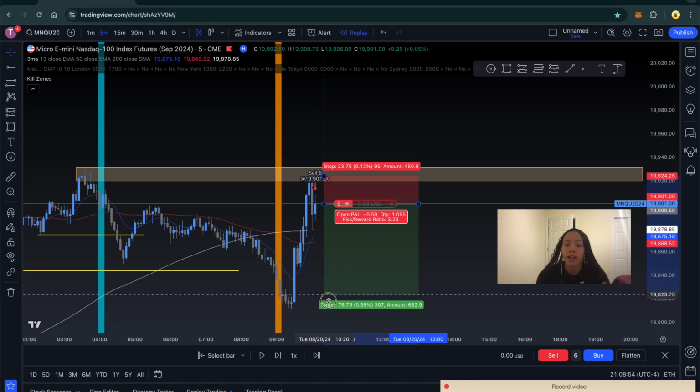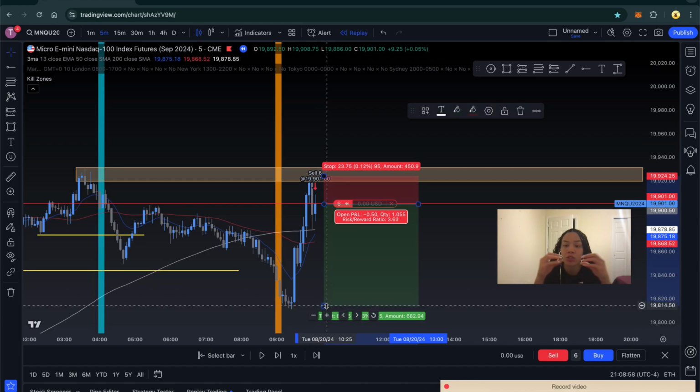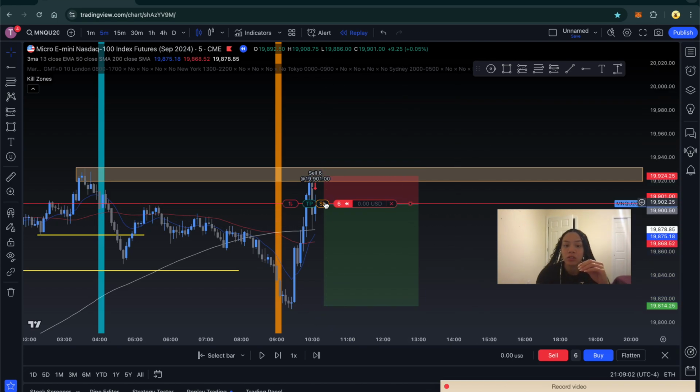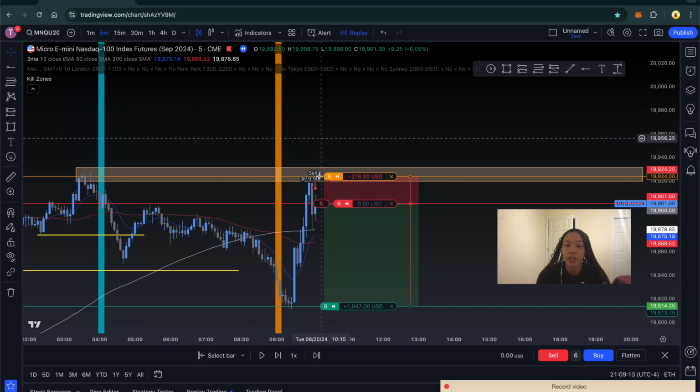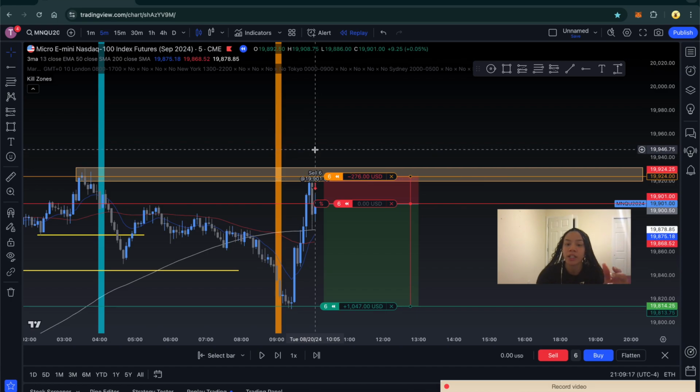Or I can watch price come and fill in this gap, because my bias is that it's already going for a sell. So let's put our take profit down here. Let's put our stop loss right here. Because if it already hit our zone, if it's going to go past the zone, then that's it. You just didn't win the trade.